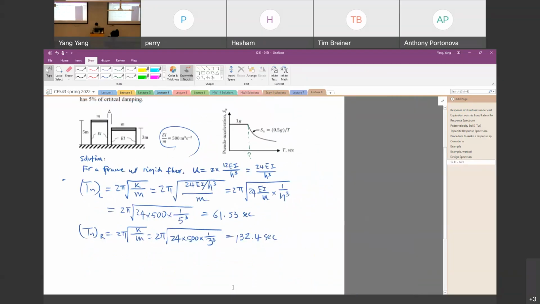When you set 0.5g over T equal to 1g, we can have T equal to 0.5 over g, here that's 0.5 second.